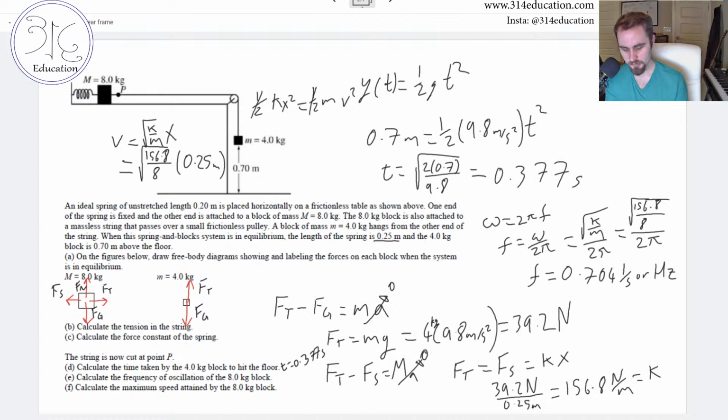So should be on the small side. 156.8 divided by 8 under the square root times 0.25. It's about, well, it's exactly 1.106. Okay, well, it's about that because it's a radical. And that's going to be in meters per second.